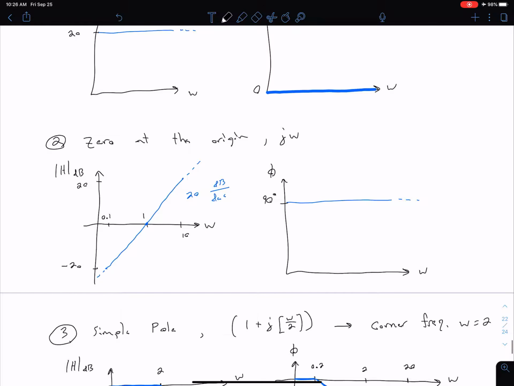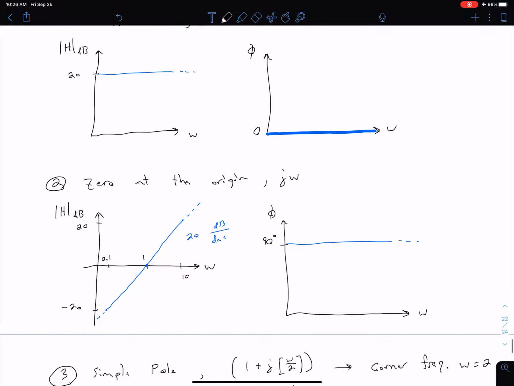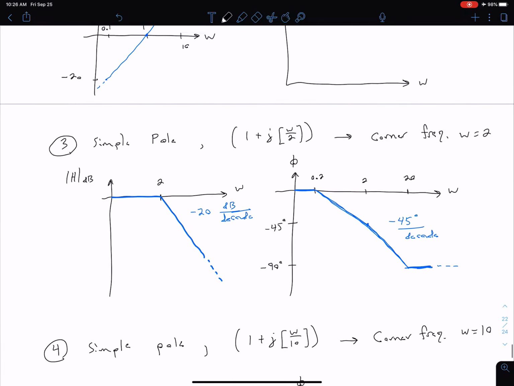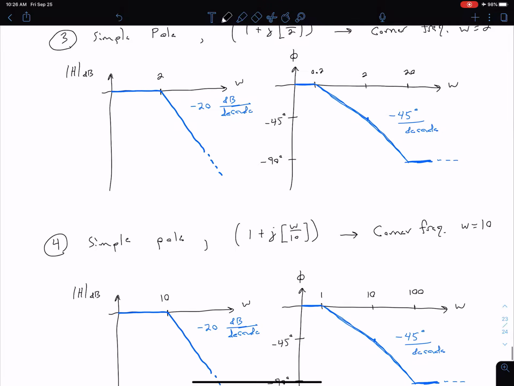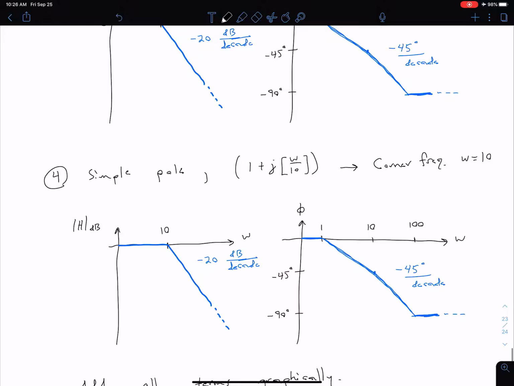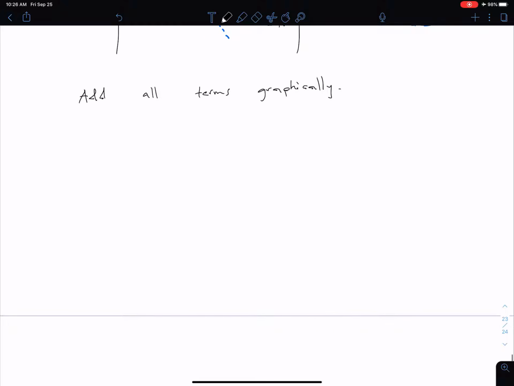So for instance, we see that our constant and our zero at the origin are sort of giving us the same sort of response regardless of our frequency. So we don't really have any frequencies where things are changing. But for our simple poles, we see some important frequencies here are 2, 0.2, 20, and then for our other simple pole, 10, 1, and 100. So let's go ahead and draw out our plot axes here.